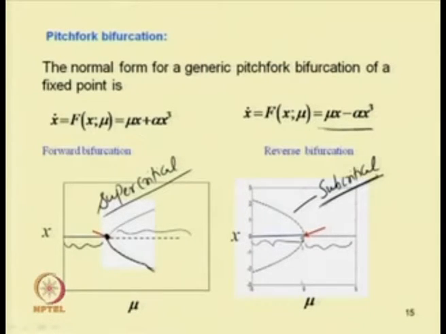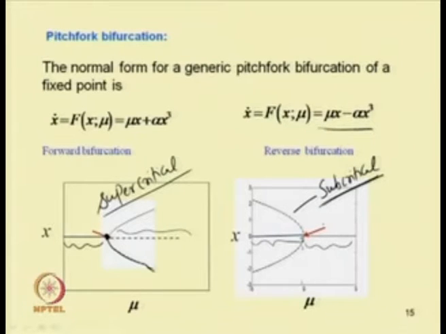In the case of supercritical, from a stable branch it has gone to a stable branch, but in the case of subcritical, after the stable branch there is no stable branch, so the system will land in a catastrophic failure. The system response may grow and the system may become unstable.